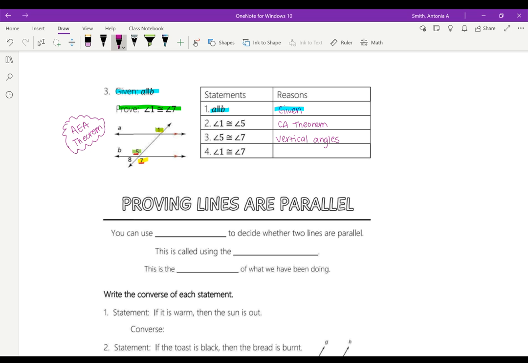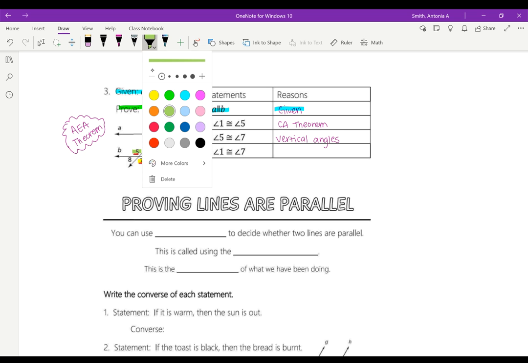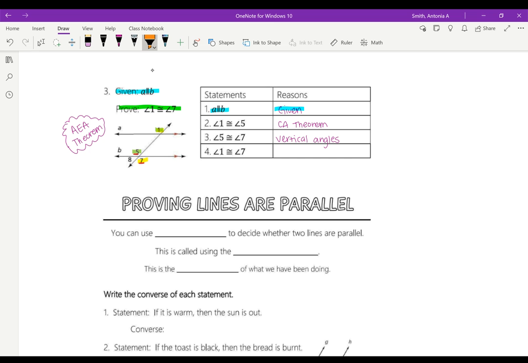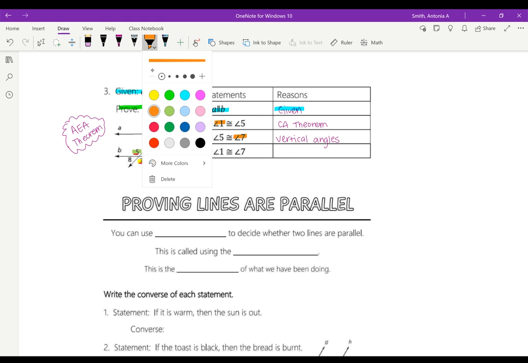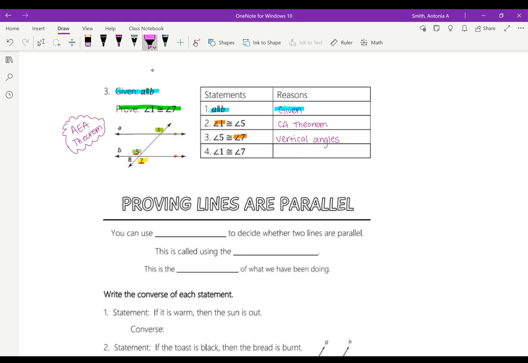So angles 1 and 7, let's highlight them, are both congruent to the same thing, right? They both are congruent to angle 5. So since they are congruent to the same thing, they must be congruent to each other. So that was back again to that transitive property.